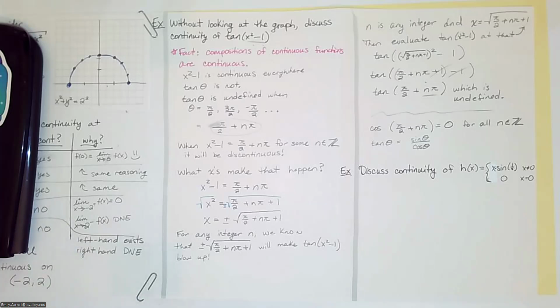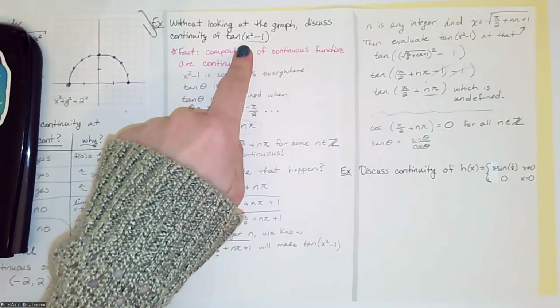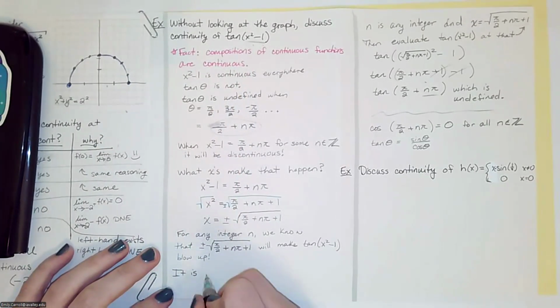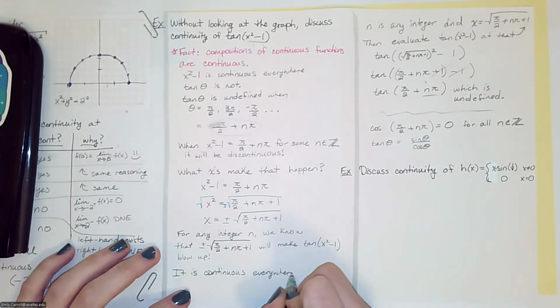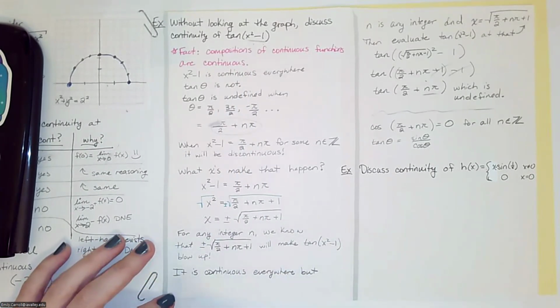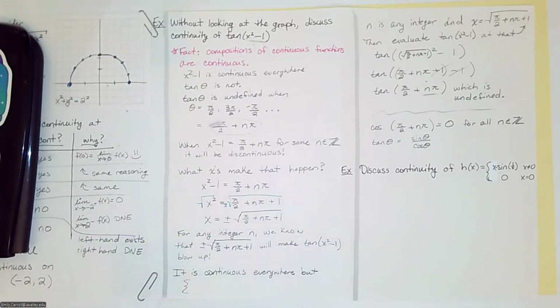All right, so overall, where is tangent continuous? Where is our original function, tangent of x squared minus 1? Where is it continuous? It is continuous everywhere but, and I'll put this in set builder notation and just explain how to say it in words.